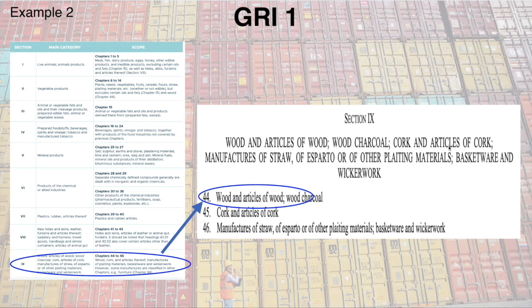Here we see chapter 44 in section 9, wood and articles of wood. Chapter 45 for cork and articles of cork, and 46 manufactures of straw and other plaiting materials. So obviously, according to the reference that the text of the chapters gives us, we opted for chapter 44, wood and articles of wood.